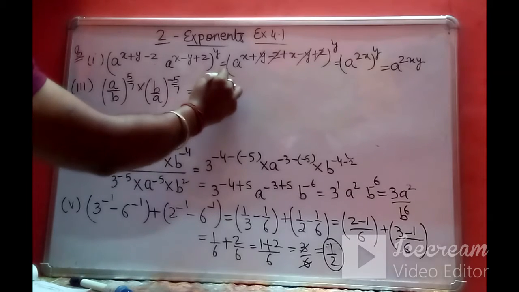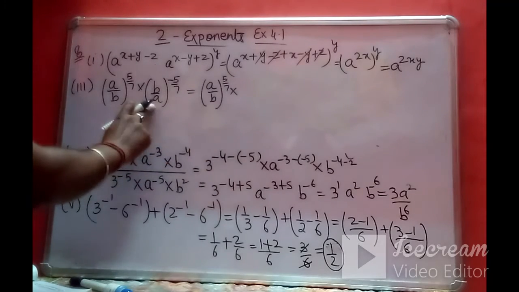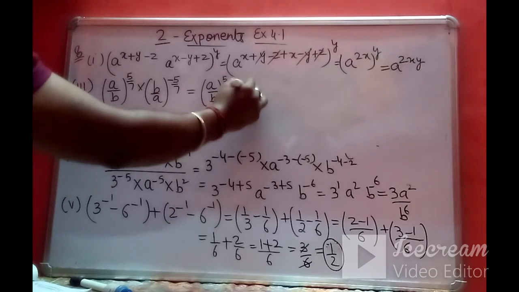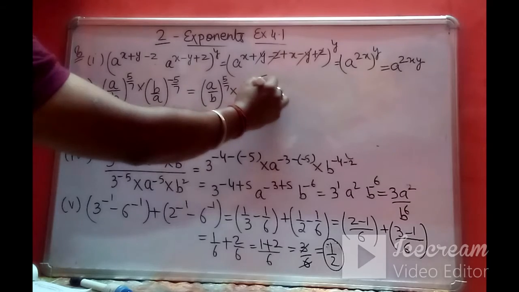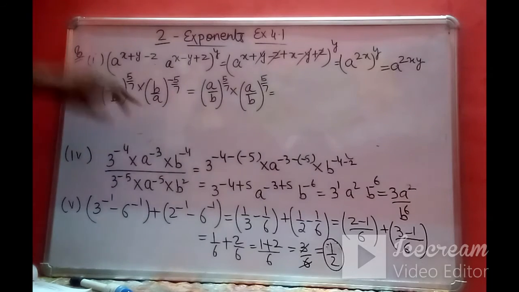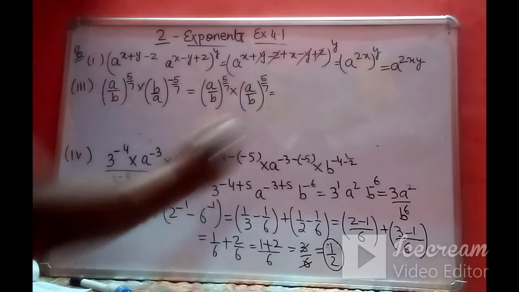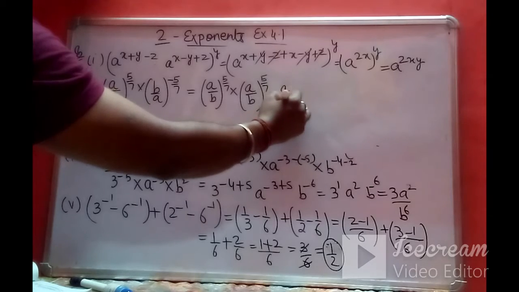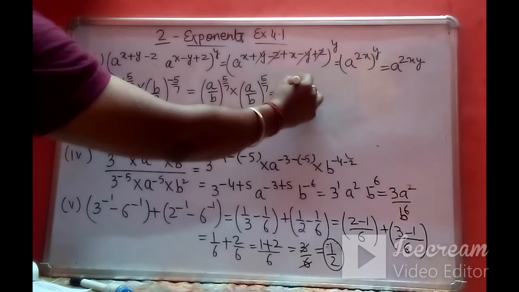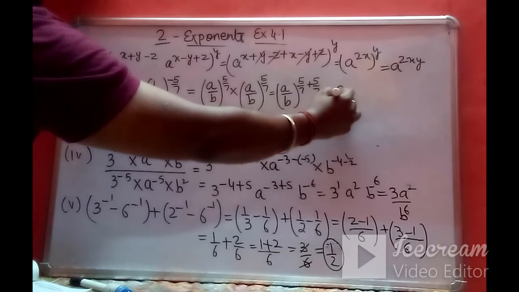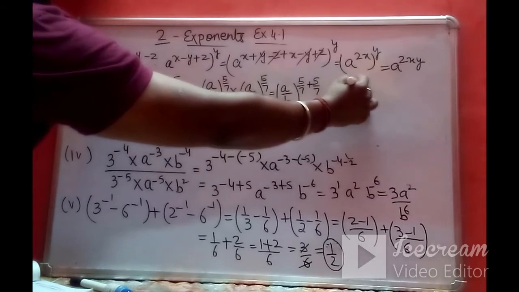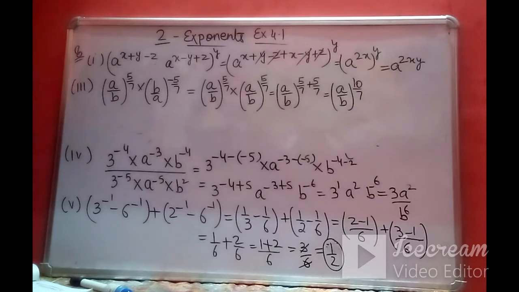We will take the reciprocal, and when you take the reciprocal, this power becomes positive. Now both have the same base. Now we will add the powers because they are multiplying with each other: 5 upon 7 plus 5 upon 7. So our answer is a upon b to the power 10 upon 7.